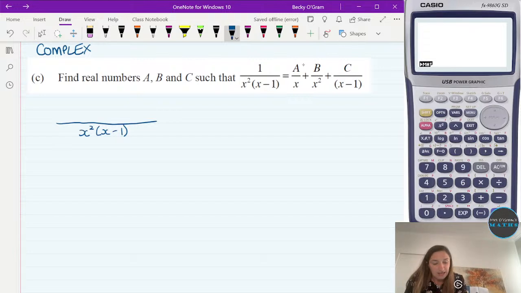Now the a term is already over a singular x. So to make it be over this common denominator, we'd need to times it by another x and the x minus 1 bracket, so that it would be equivalent. For the b, on the denominator there, we already have the x squared, so we need to times it by the x minus 1.